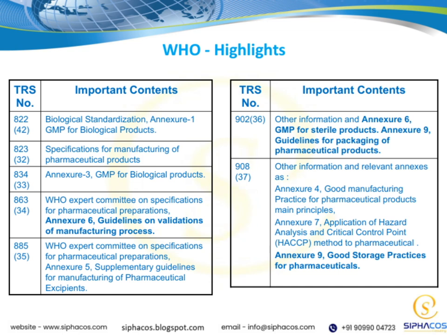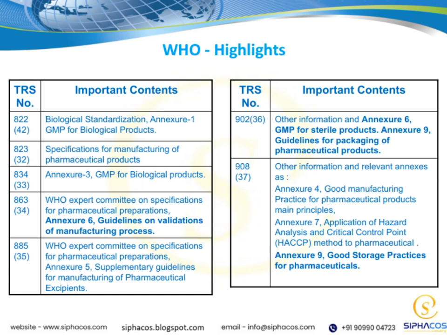And Annexure 9 emphasizes good storage practices, which are essential for maintaining product stability and safety during storage. Next, TRS number 822, 42, focuses on biological standardization and references Annexure 1, which specifies GMP requirements for biological products. This highlights the unique considerations when working with biologicals, given their complexity.